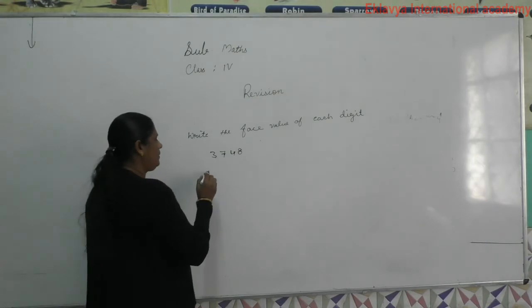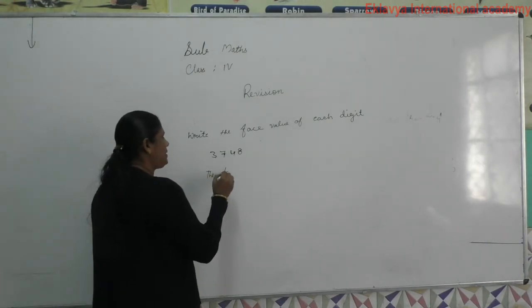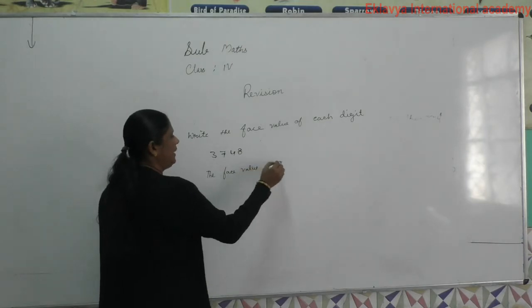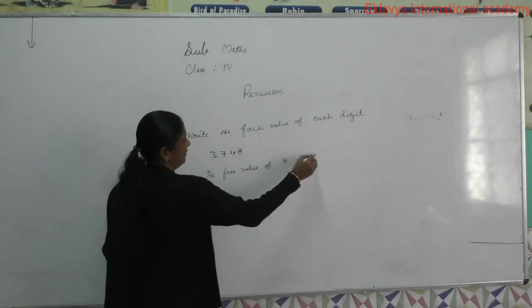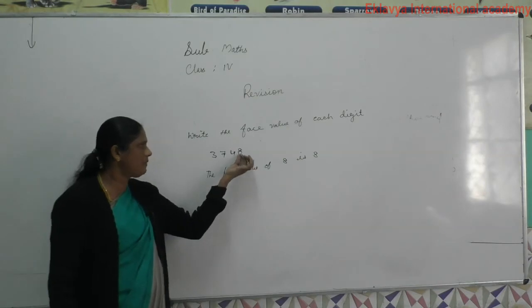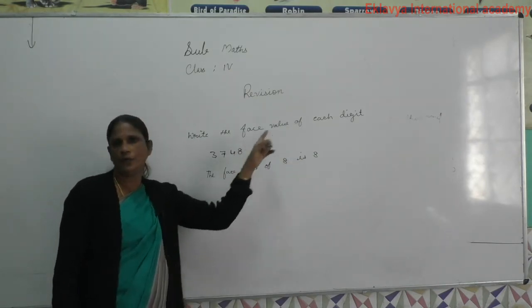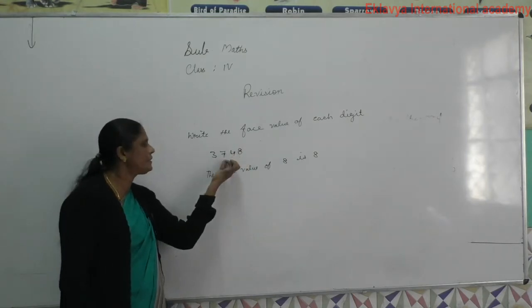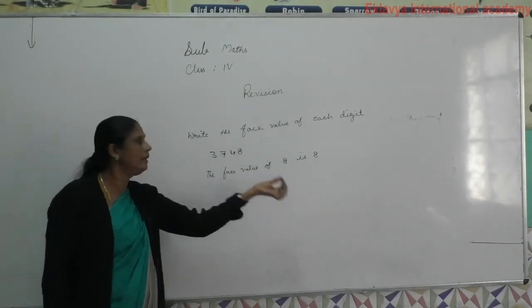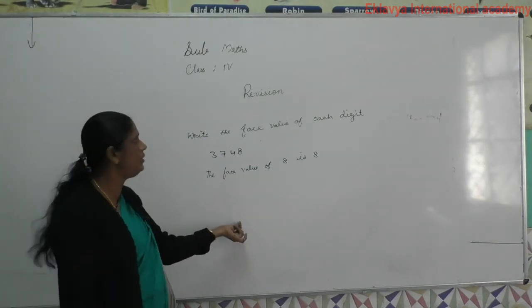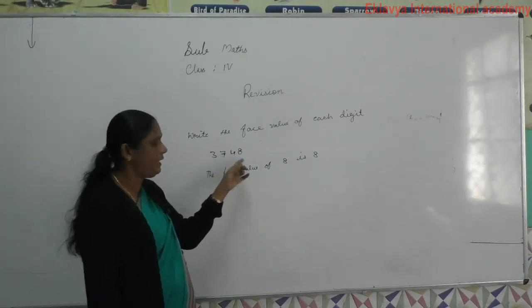First you write the face value of 8 is 8. The face value of 4 is 4. The face value of 7 is 7. Then the face value of 3 is 3. Understand?